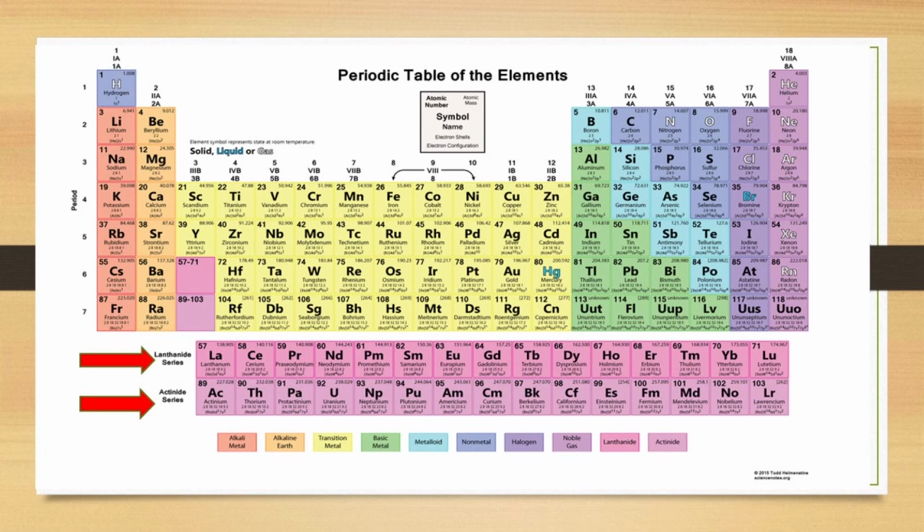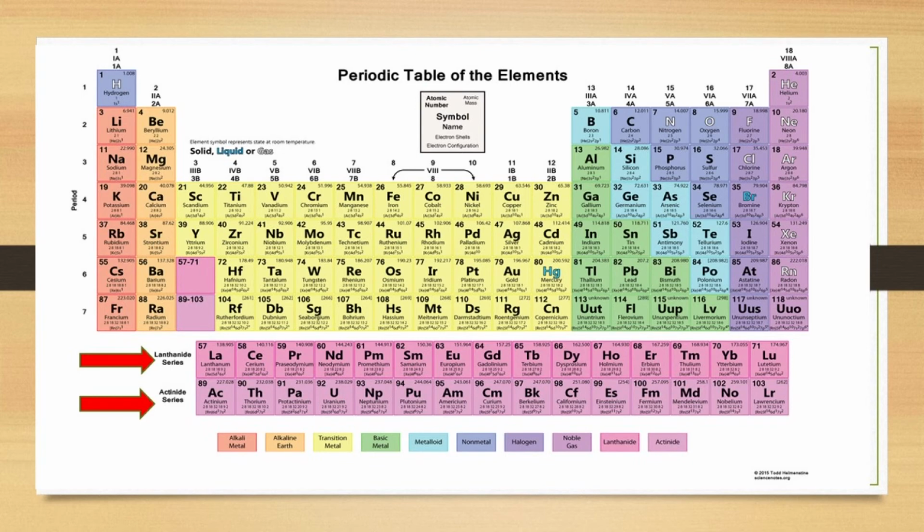These inner transition elements have 3 incomplete outermost electron shells and all the elements are metals. They are also called lanthanides and actinides. The elements with atomic numbers from 57 to 71 are called lanthanides and those from 89 to 103 are called actinides.